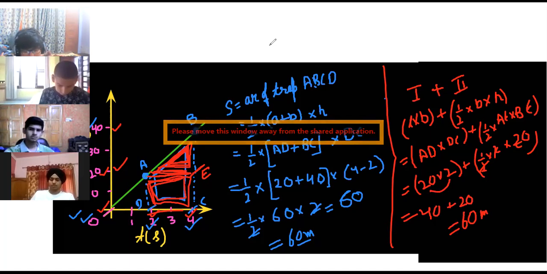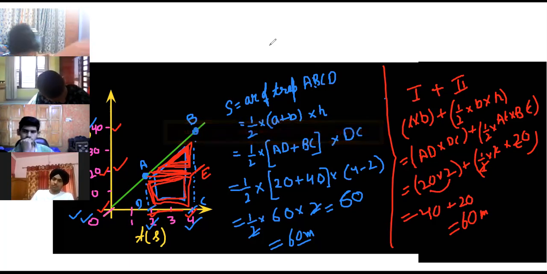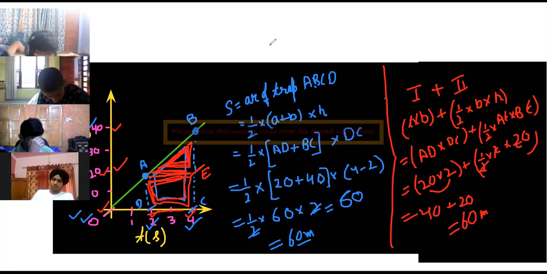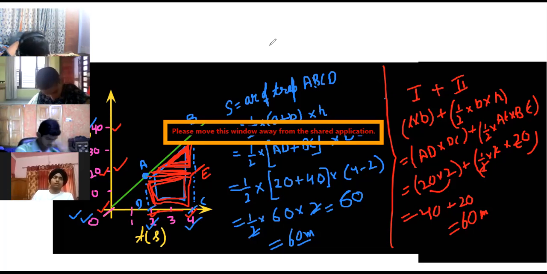Apply any method, you get the same answer. Fine. The only thing is that whatever you feel is easy. Now see, in these kinds of question, or what I can say is that in physics, there is no point of looking onto the other's notebook in the exam, because that is useless. That is just the wastage of time, because maybe you have done with some different method, somebody else is doing with some different method, but the answers are correct.